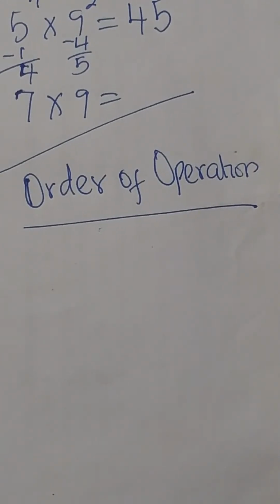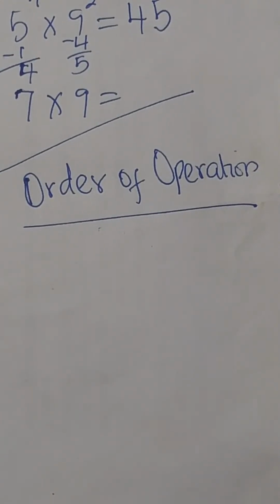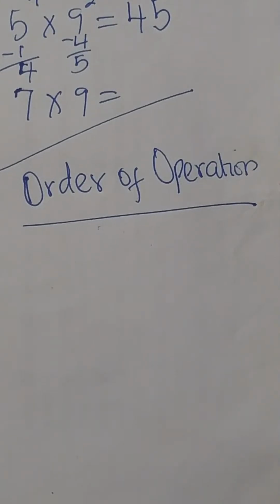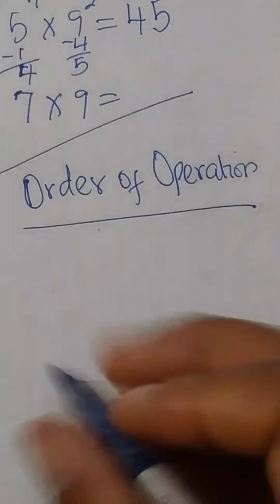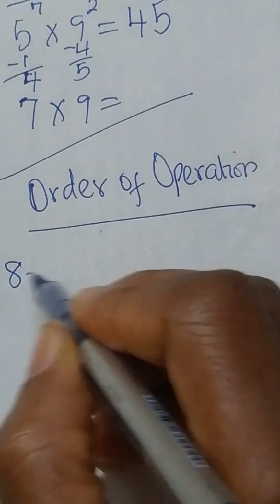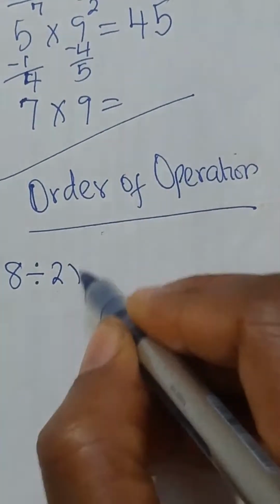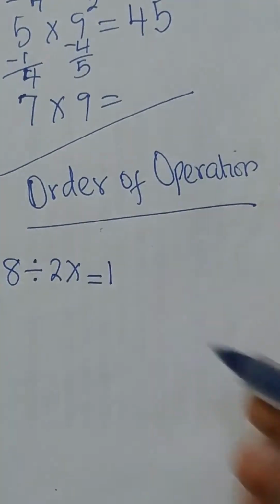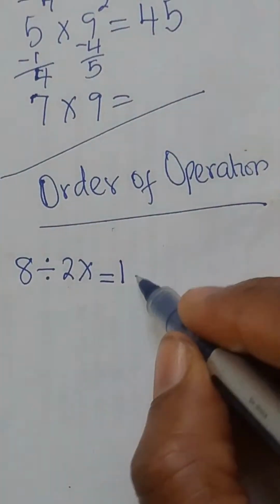8 divided by 2x equal to 1, x is equal to 4. Can we prove this mathematically? Okay, you say 8 divided by 2x is equal to 1, then x is equal to 4.